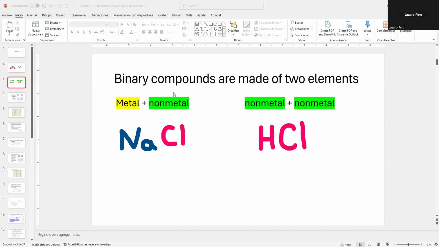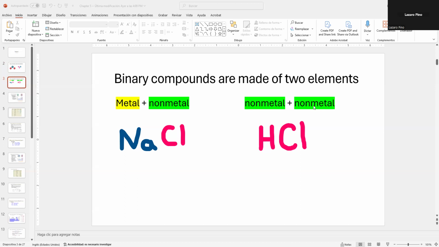Here we have different examples of binary compounds. Here we have the case where we have a metal and a non-metal. In this case, it's very easy. We write first the metal and then the non-metal. But we also have another case where we have two non-metals.